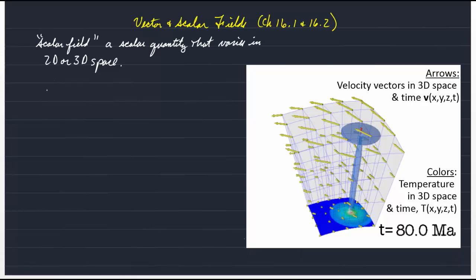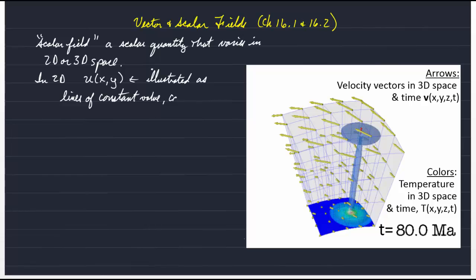In 2D, a scalar field U would vary in X and Y, and those are often visualized as lines of constant values, or contours.